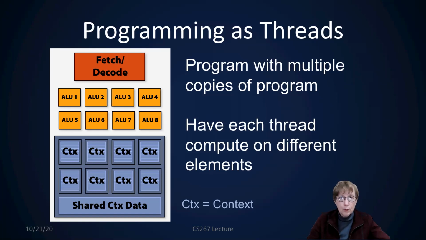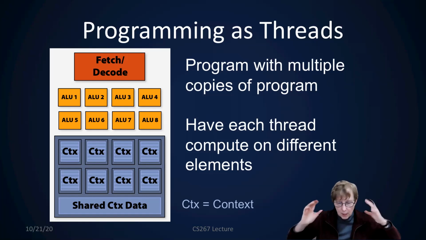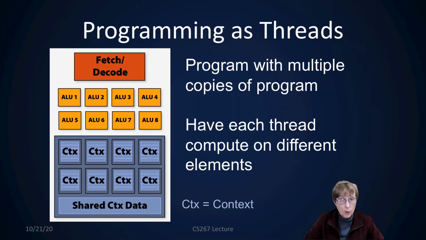Even though there's a single fetch and decode engine, we're going to think of there being a separate thread associated with each element of an array, for example. And that's associated with that piece of hardware, the ALU that's going to do the arithmetic on it. And then we're going to use that model in order to produce code that will be more highly parallel.